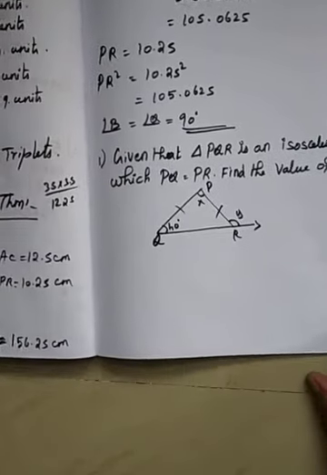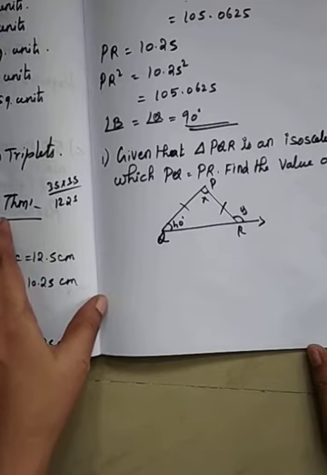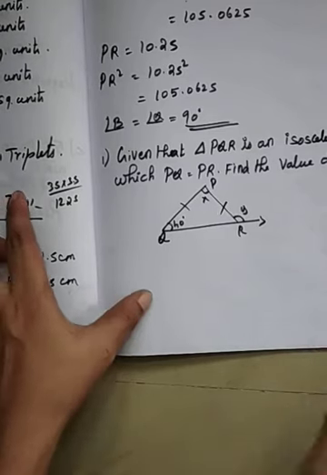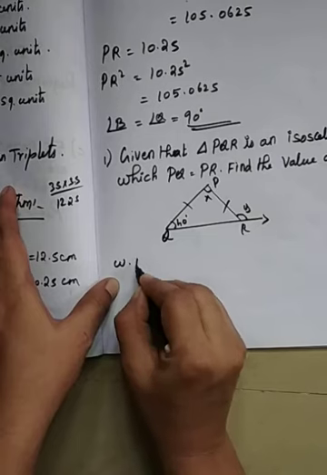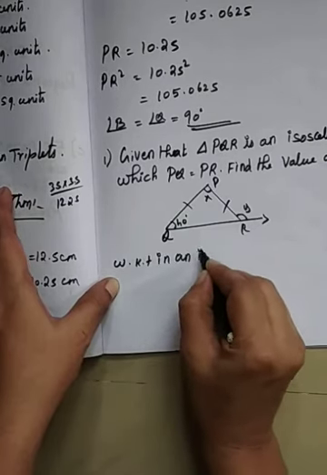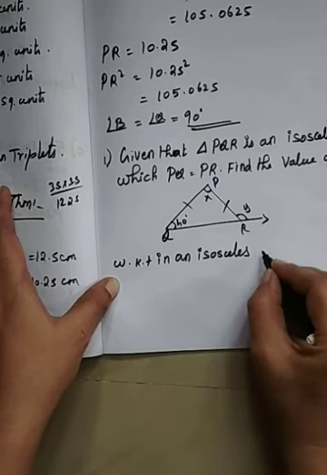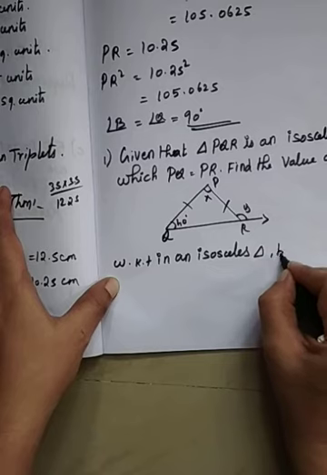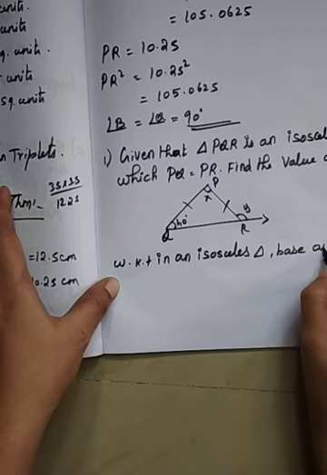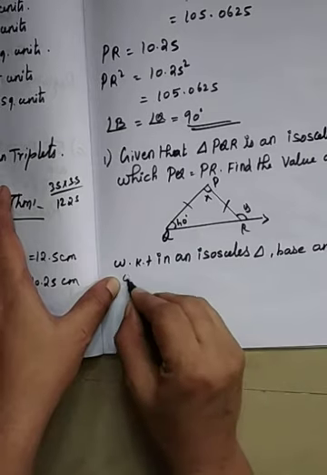Everybody knows that in an isosceles triangle, base angles are equal.